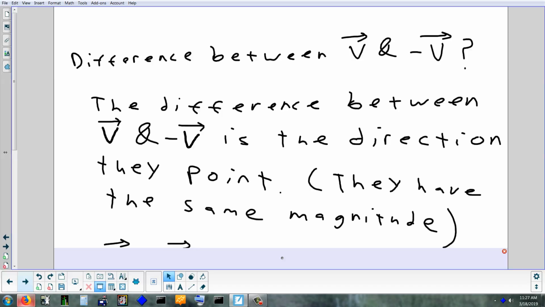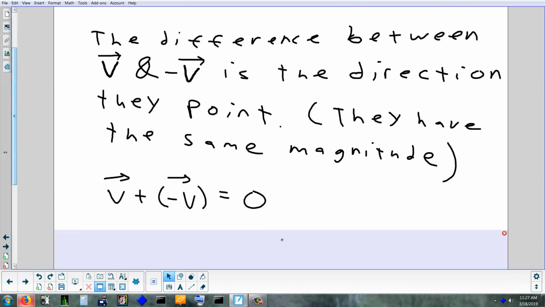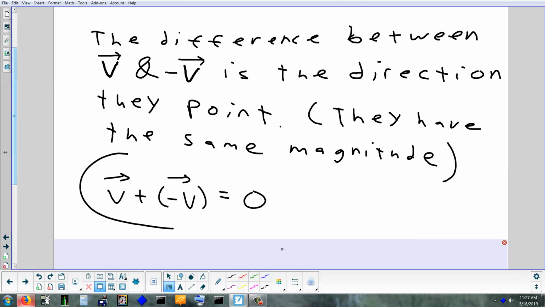We saw this earlier in an example where we got the zero vector. And here's the same thing written out. Slightly incorrect, actually, so we need to fix that. But we had this idea where we had a vector, we had its opposite. Now, why did I say this is incorrect?